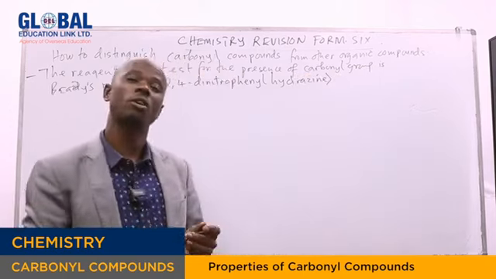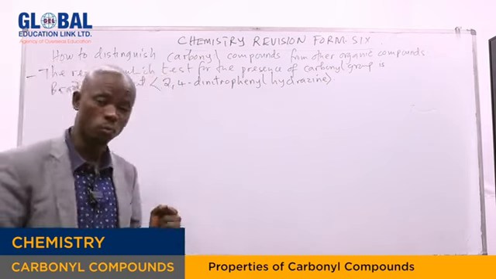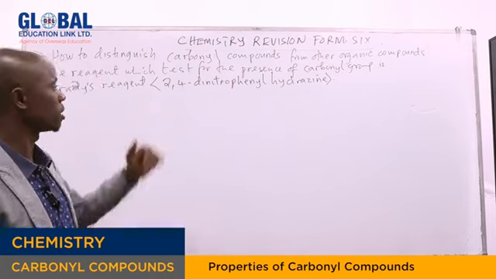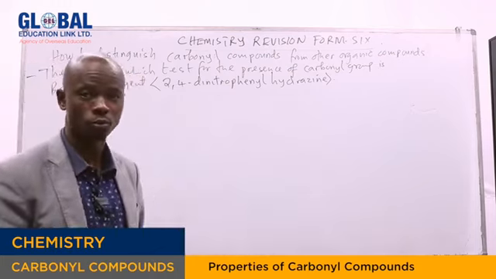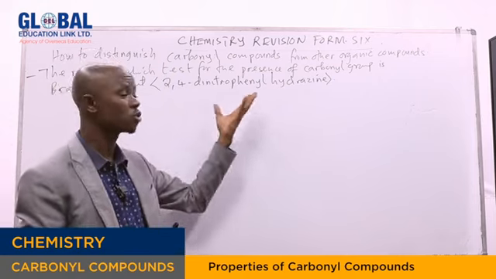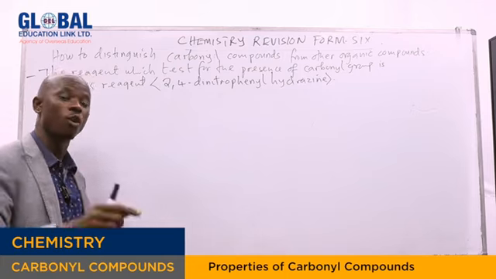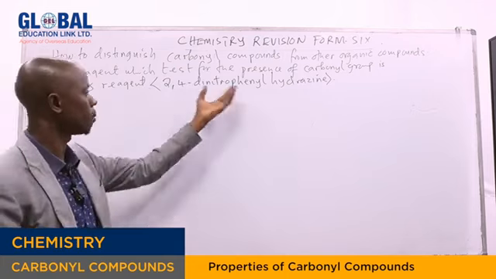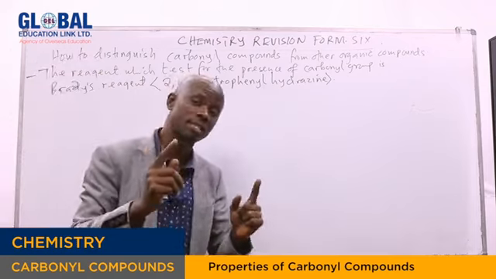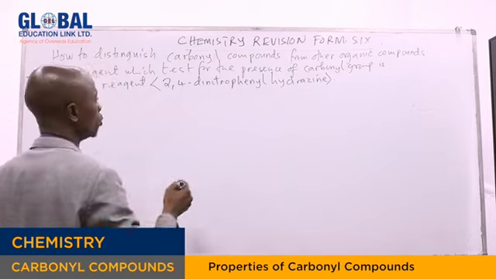Now, any organic compound containing a carbonyl group reacts with this compound to give a yellow crystal. So when the yellow crystal is observed in the reaction, you can note that the carbonyl group is present in that particular compound.